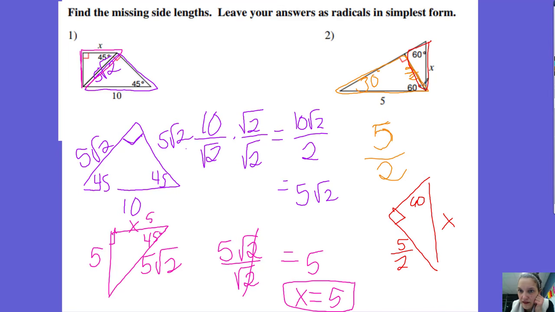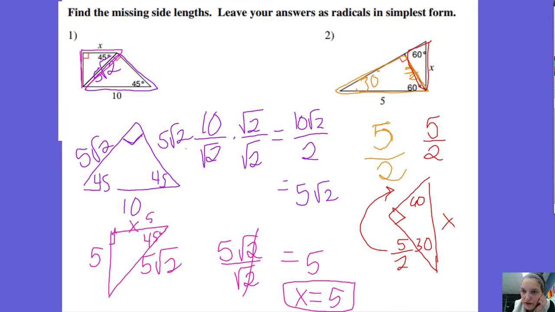So now in this red triangle, we know the side across from the 60, and we want to end up with the hypotenuse. Well, first I need to find the short side. So if I have the side across from the 60, and I'm trying to figure out the side across from the 30, the short side, this is where I'm going to divide by root 3.